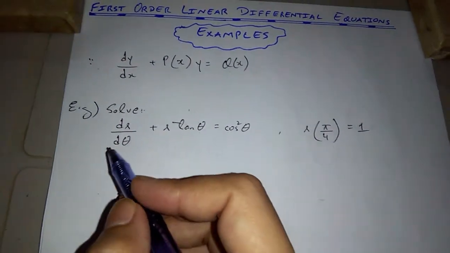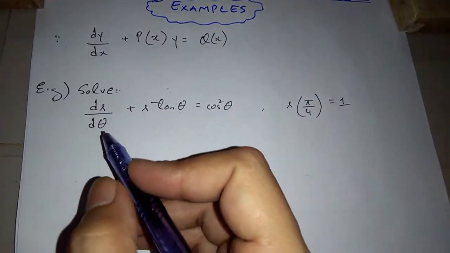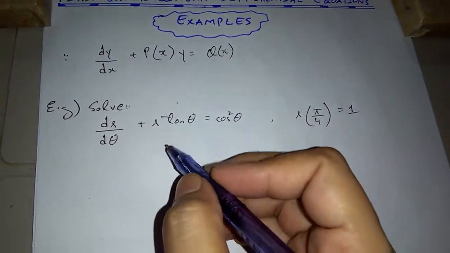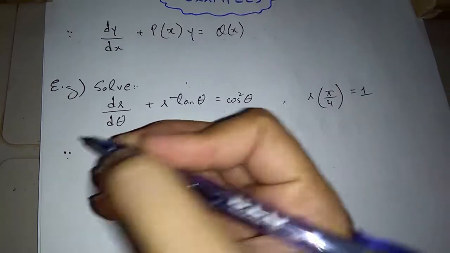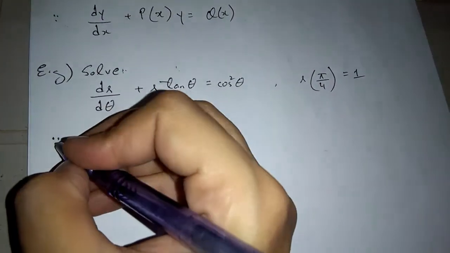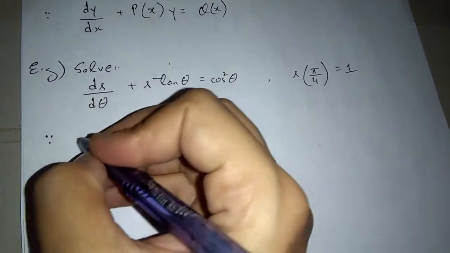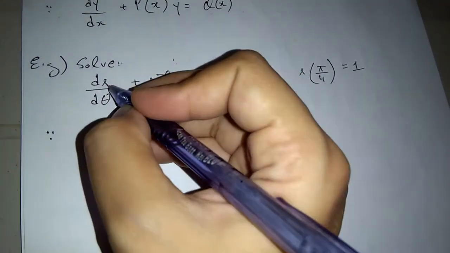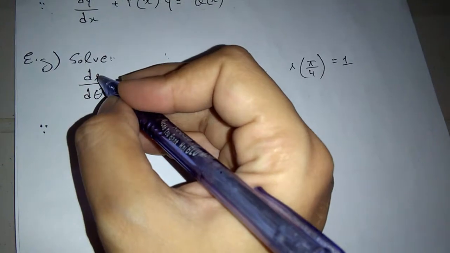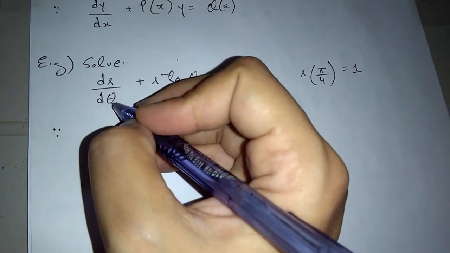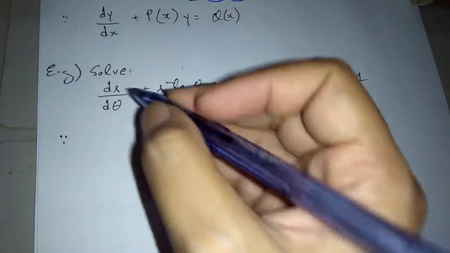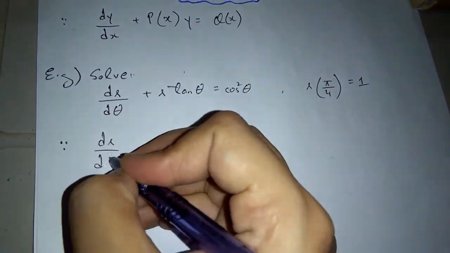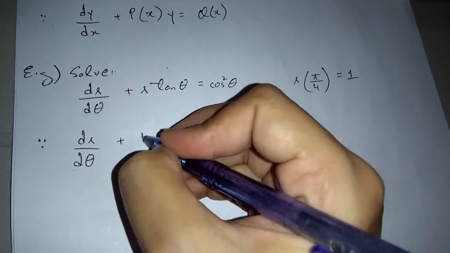The first one I have already written over here for you. Here I can observe that the variables are representing the polar coordinates. It's quite apparent. You see here r is behaving as my dependent variable and theta is behaving as an independent variable because it is satisfying this format.